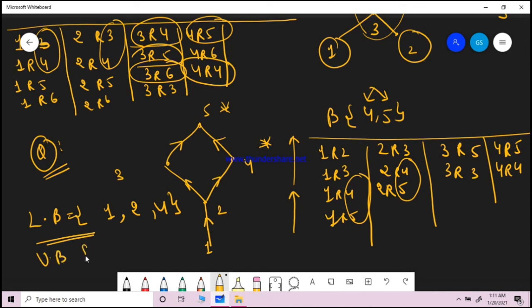Now you have to find out the upper bound. Means you have to find out what 4 and 5 lead to. 4 and 5, what 4 and 5 leads to.